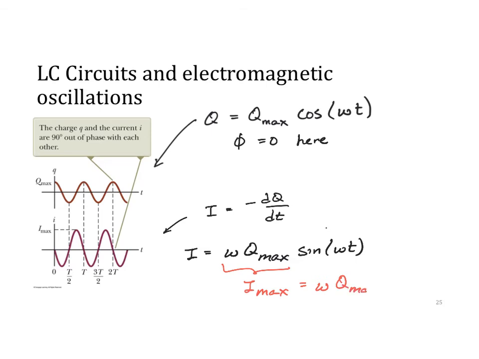And so that's omega times Qmax, or Qmax divided by the square root of L times C. Right? And that's our maximum current that you can see right here. And since we're starting out with a sine function, you can see that in this case, your book has actually created a definition of the current with a positive sign here. So they would have a negative sign in their function in front of that omega Qmax.